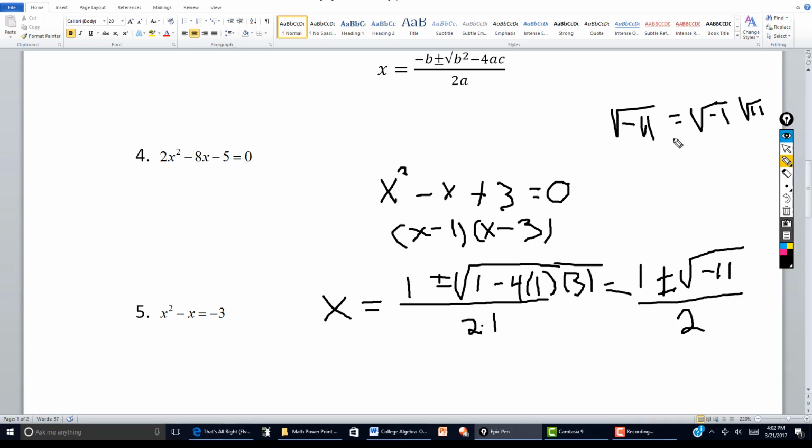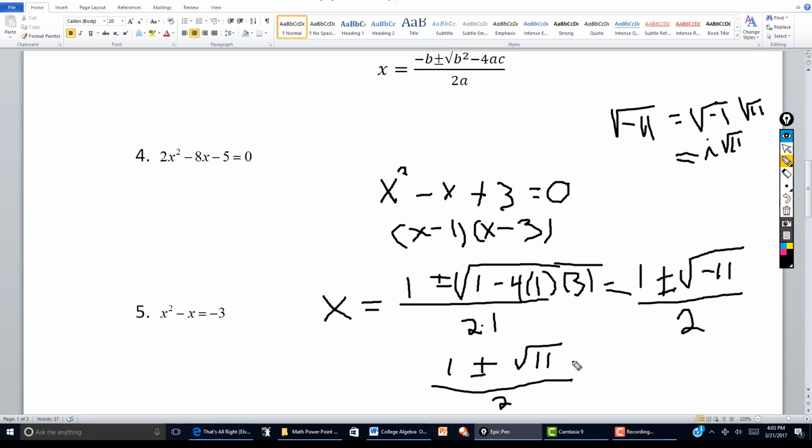But the square root of negative 1, that's what is called the imaginary unit. That's going to be i. So this comes out to that. So we can write the answer then as 1 plus or minus the square root of 11 over 2, and then you have the imaginary unit.